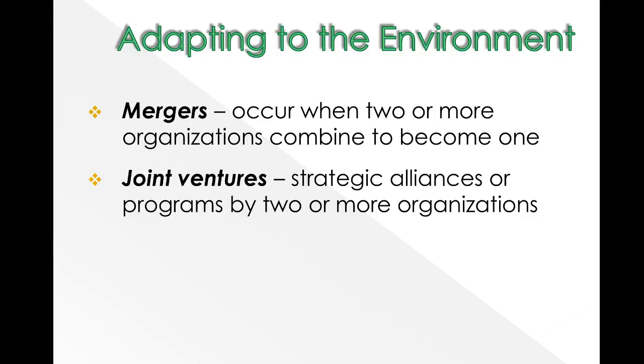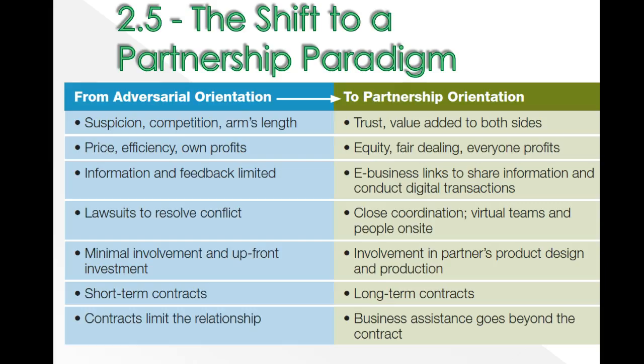Instead of competing, organizations will merge, such as the merger recently between Bayer and Monsanto. Joint ventures work together to accomplish good for both companies. Partnership paradigm: rather than engaging in conflict and losing time, energy, and money, two organizations can partner.